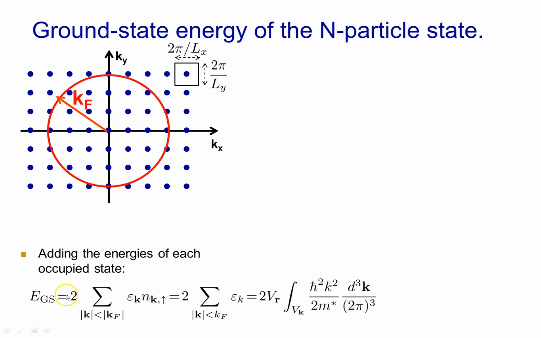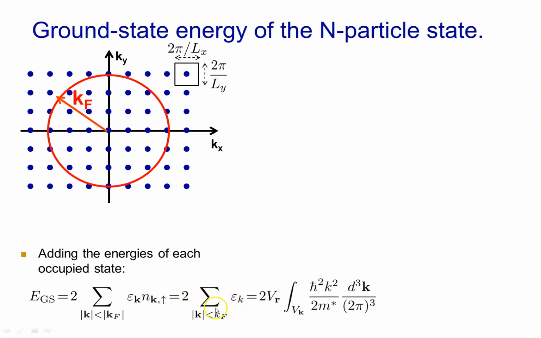So we just do the sum over k less than or equal to kF of the energy times the occupation. And here I'm multiplying by 2 so that I consider only, say, spin up. And for sure, these states are occupied by definition, so this n_k up is 1. So I'm summing over k less than kF of the energy of each state k, which depends only on the absolute value of k, so this is okay.